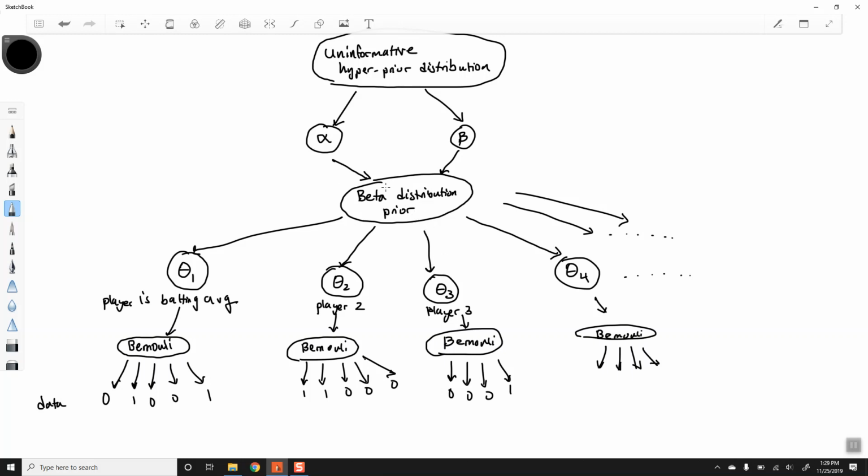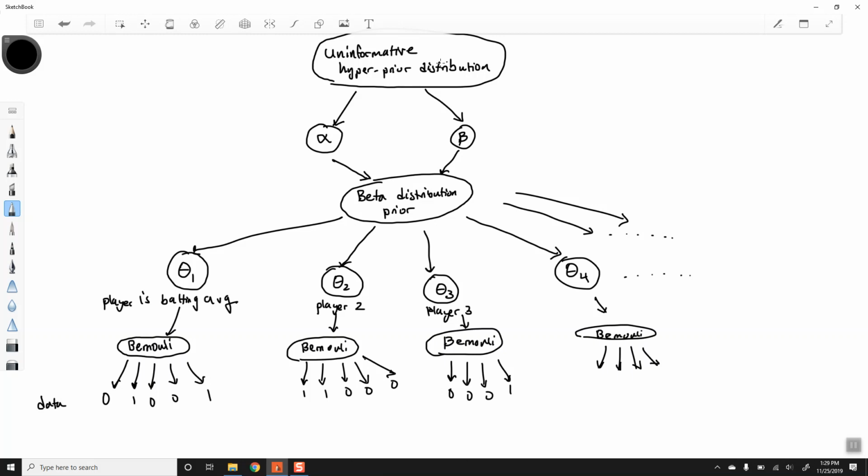And this beta distribution is defined by the parameters alpha and beta, and those themselves have come from some hyperprior distribution. Are you guys still with me?